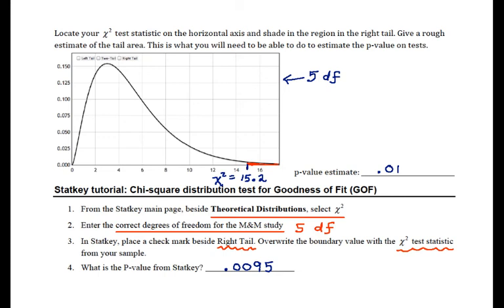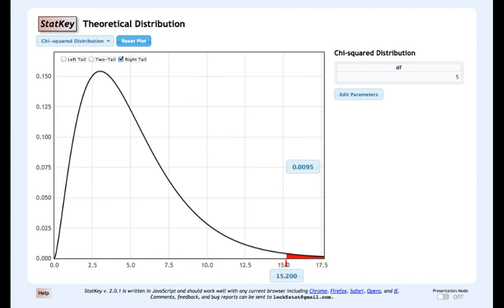What we want to do to try to get practice with this method here is on your homework, especially if it's a Wiley Plus question, they're going to be asking for a precise p-value. So you will have to go into StatKey and get StatKey to calculate the p-value. But what I recommend is when you first get to the graph in StatKey, after entering the degrees of freedom, but before selecting right tail, just try to locate your chi-square statistic, picture that graph, and try to estimate in your head what you think that p-value would be, and then go ahead and get StatKey to calculate it.